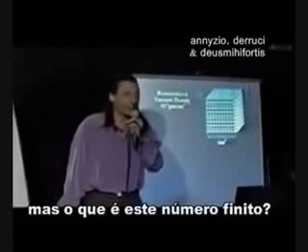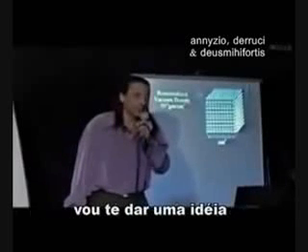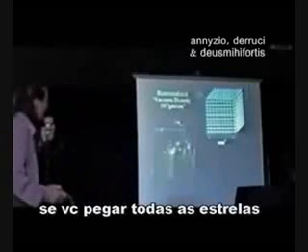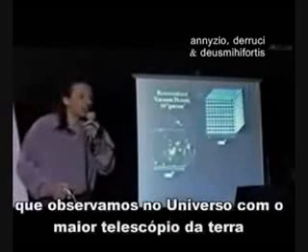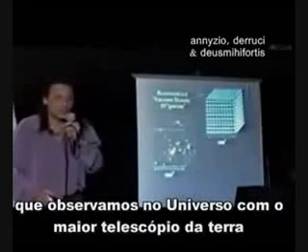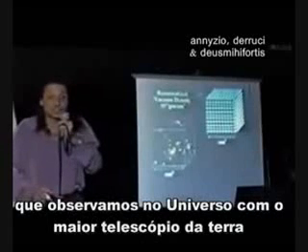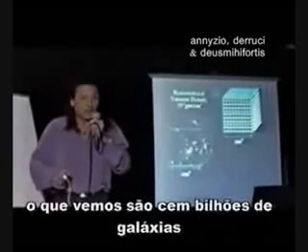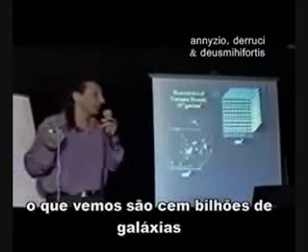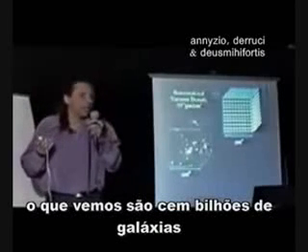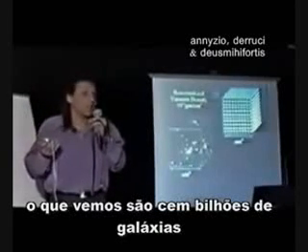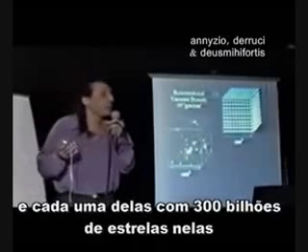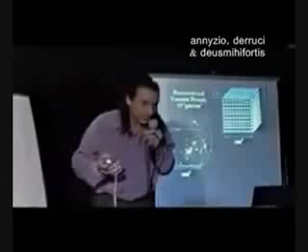But what is that finite number? Let me give you an idea. If you took all the stars we observe in the universe with the largest telescope, the Hubble, and we see 100 billion galaxies. Each galaxy has over 300 billion stars in it.